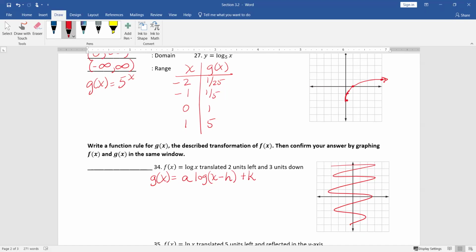So I've got a vertical translation and a horizontal translation. So I've got log of x minus, but it's translating 2 units to the left, so that means it's negative, and 3 units down means I'm adding a negative 3. So we just simplify this: g of x equals log of (x plus 2) minus 3.